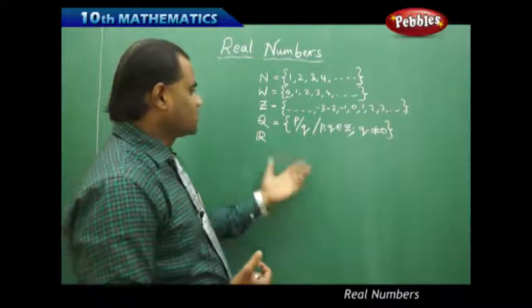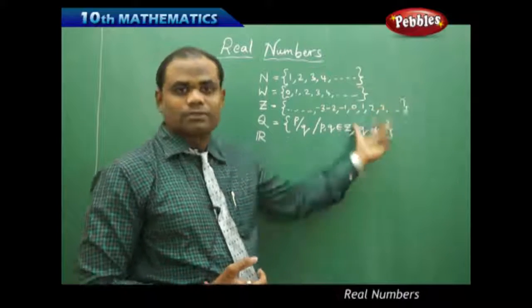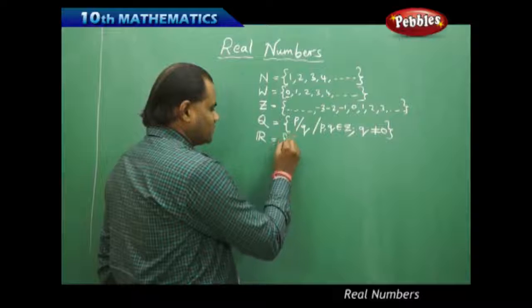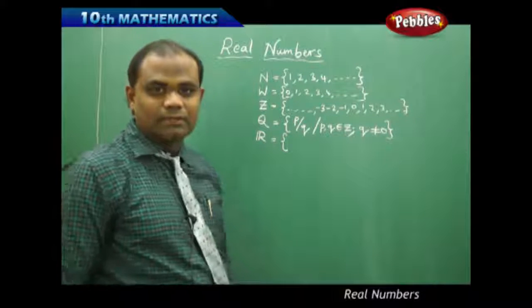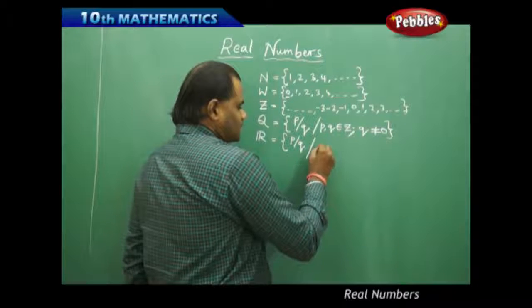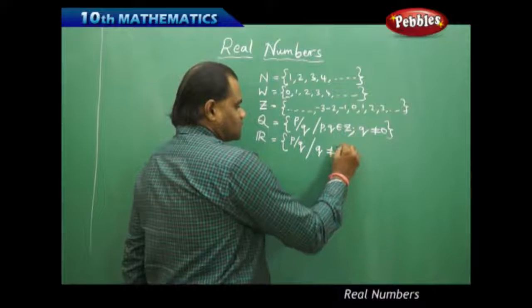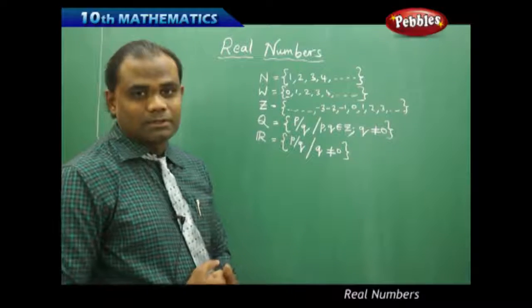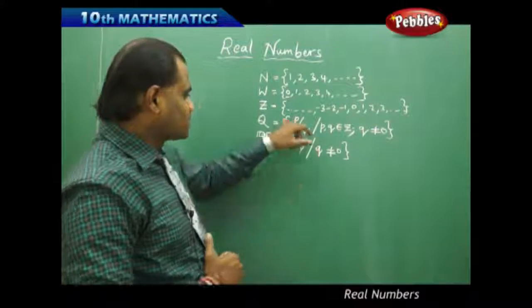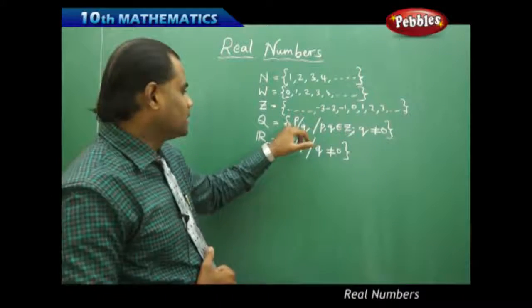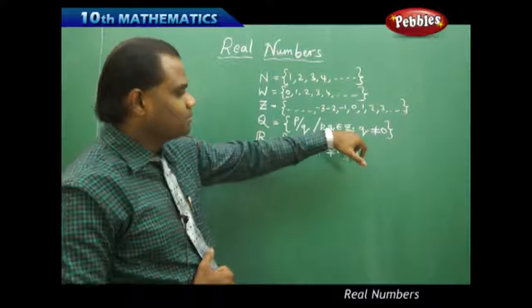We're going to discuss rational numbers more briefly in this topic, but before that, let me also define the real numbers, which are given in the form of p by q such that q is not equal to 0. So what is the difference between rational numbers and real numbers? Rational numbers have the restriction that both p and q, which are considered in the numerator and denominator respectively, must be integers.